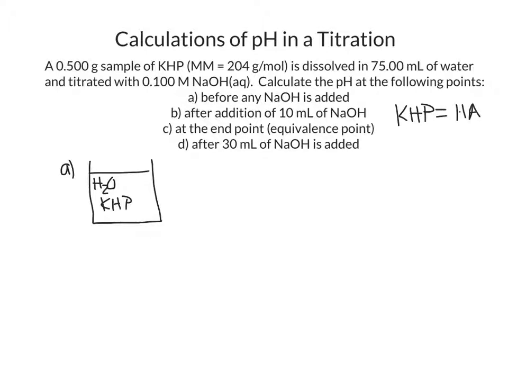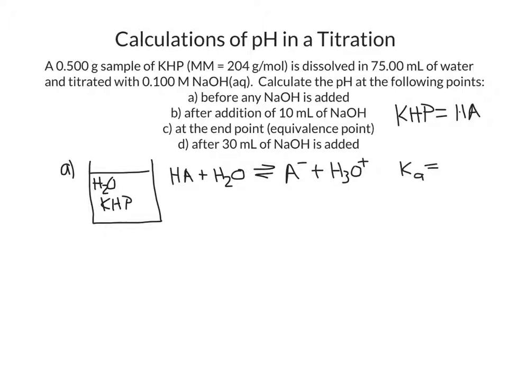So we know that we have this weak acid plus water in our beaker, and that weak acid is going to dissociate into its conjugate base and H3O+. We're going to need to know the initial concentration of this weak acid and the equilibrium constant Ka for the acid ionization.